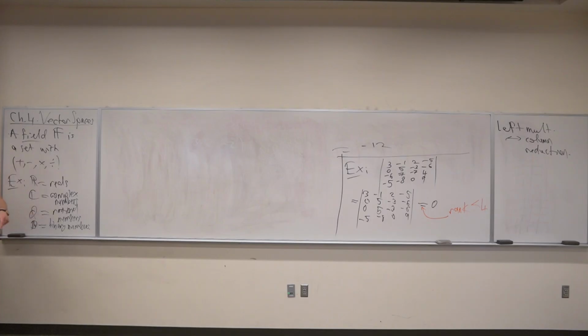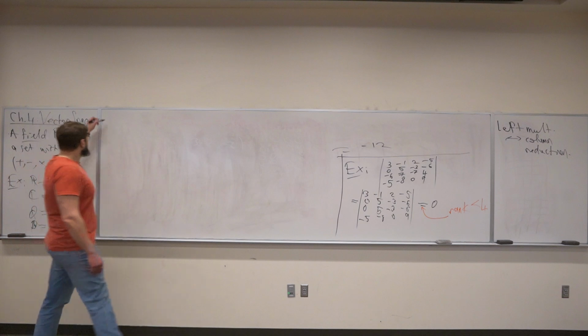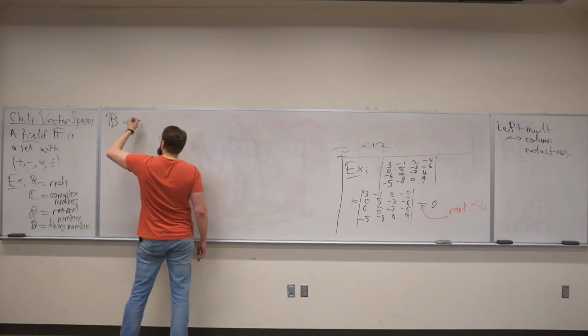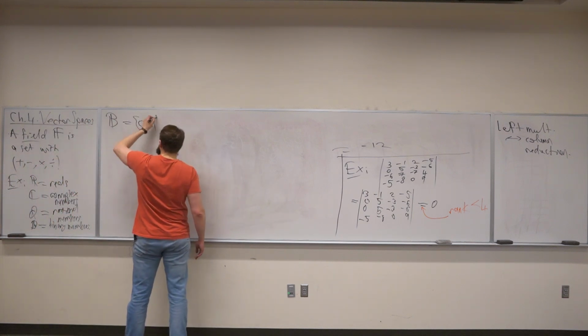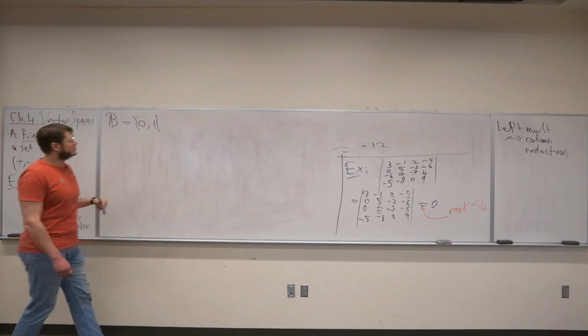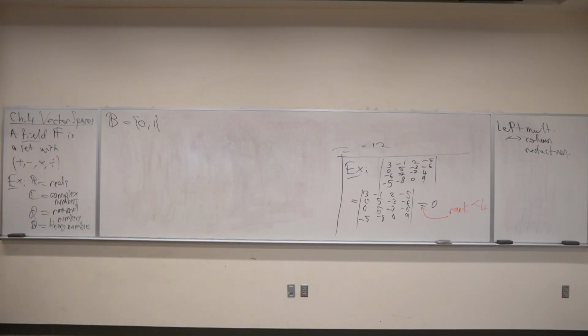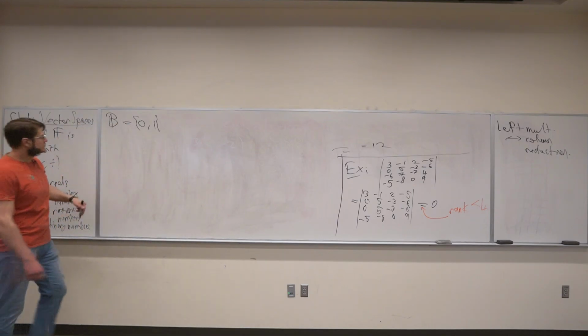So rationals are just ratios of integers, complex numbers are x plus iy type things, which you've seen in a previous problem set with the Pauli matrices. Binary, well, it has only two elements, okay? 0 and 1. So this is the field of bits, if you want.